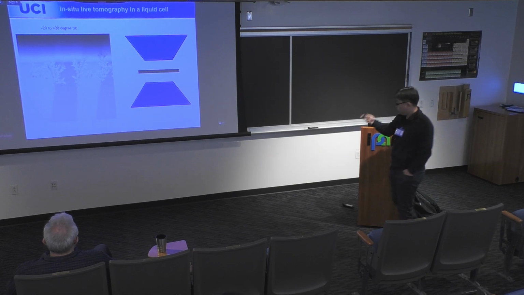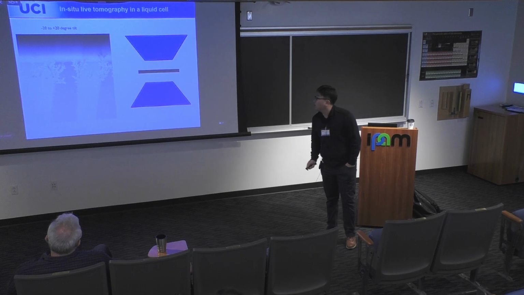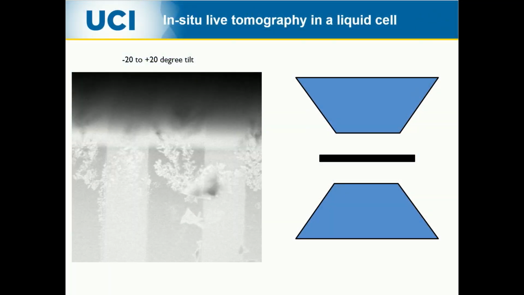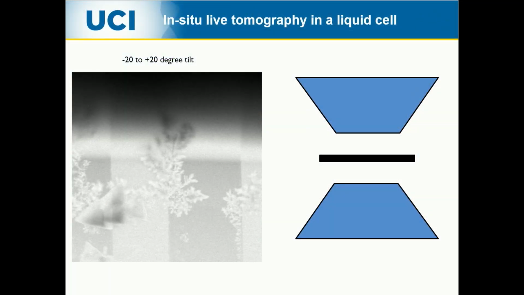Okay. Going back to 3-dimensional imaging, right? So this is really my dream of doing electron tomography in liquid cell, right? Looking at these dendrites, how they grow. So one of the things is that, with all these bulky liquid holders, it can only tilt to about 20 degrees, plus minus, right?